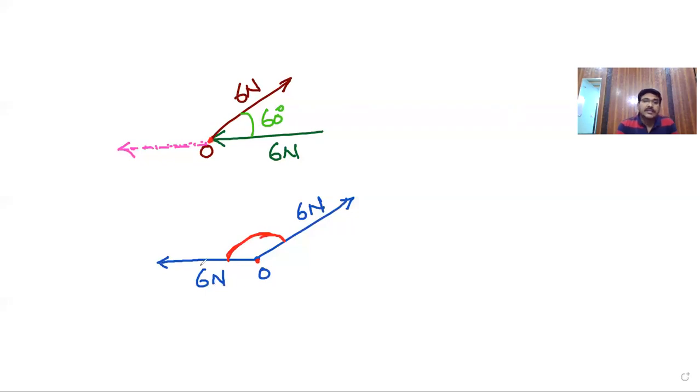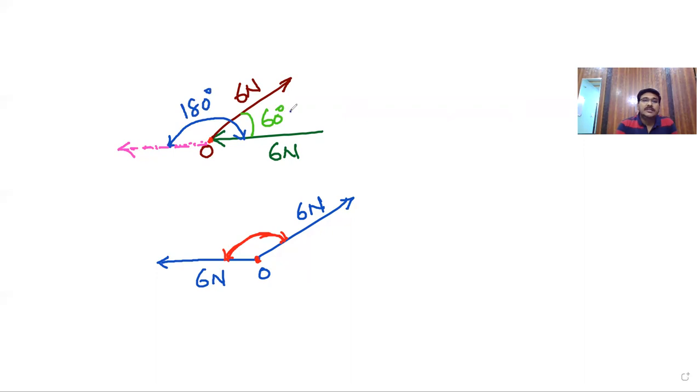Hence, we have to extend the direction of this 6 newtons, and this one we keep as it is. Then both the tails are coinciding with the origin. Then this angle is the angle between the two vectors of 6 newtons. What is that angle? Observe. Total, it is 180.